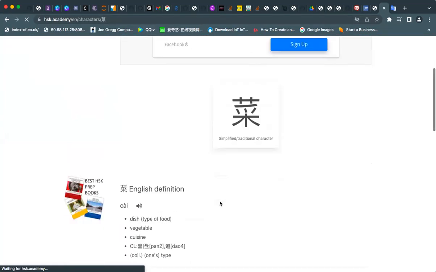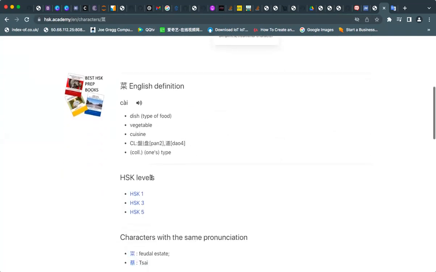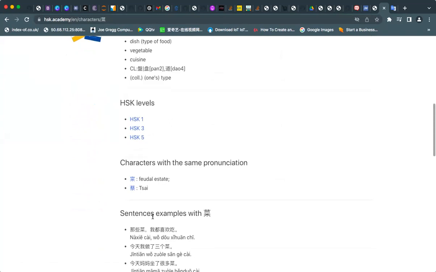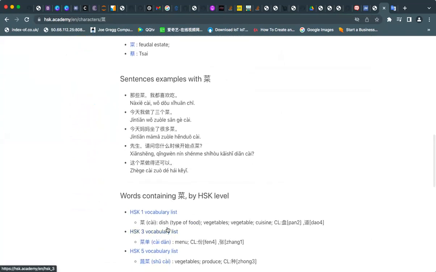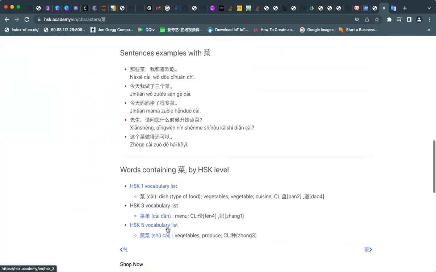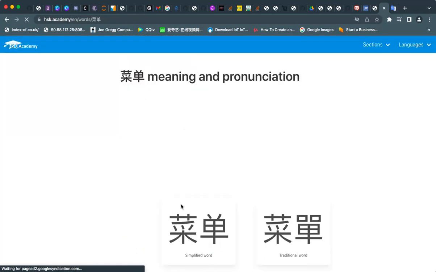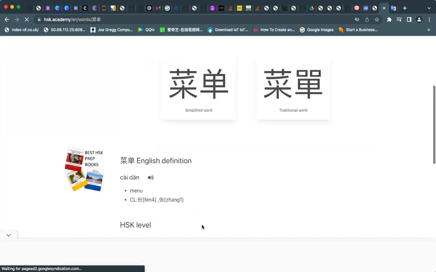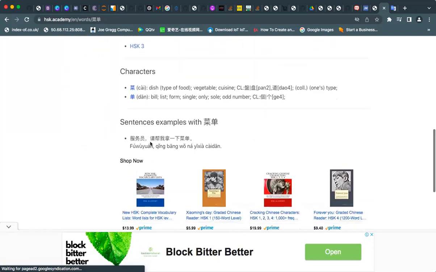So 菜, which is a dish, right? Let's see. 菜 done like that. Okay, that's the one we're after. Menu. And simple sentences.